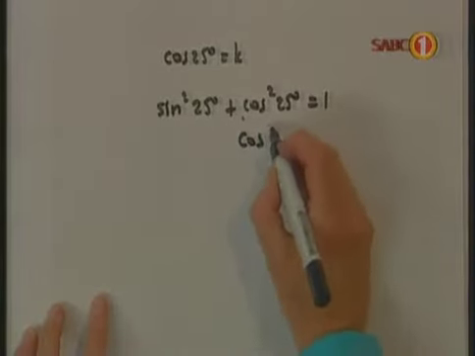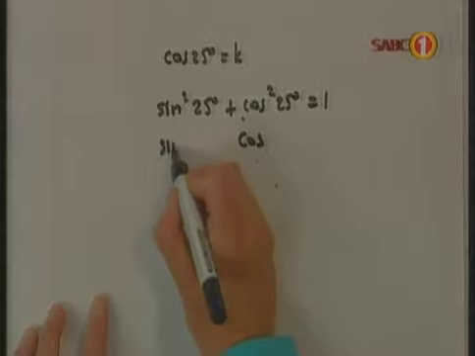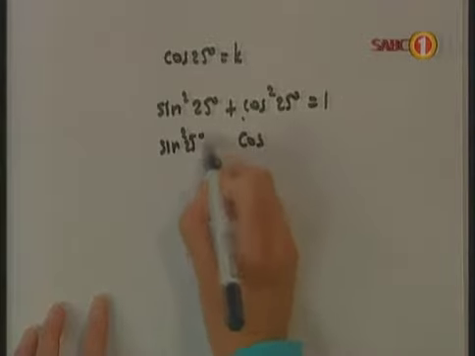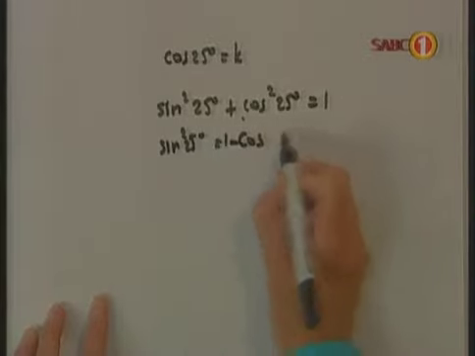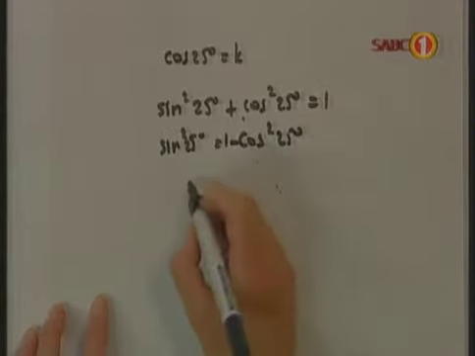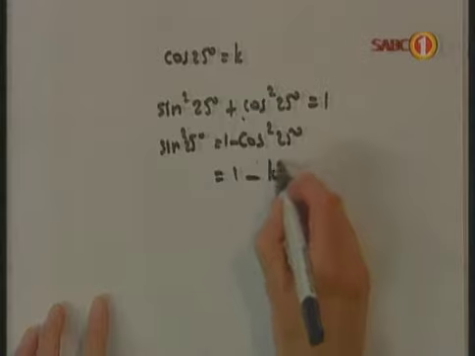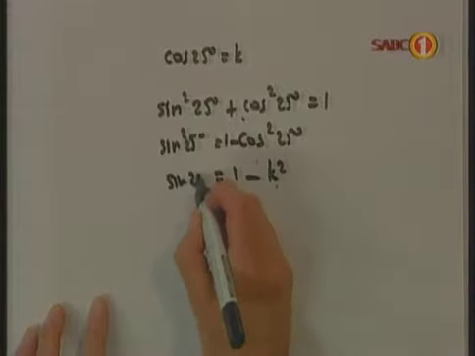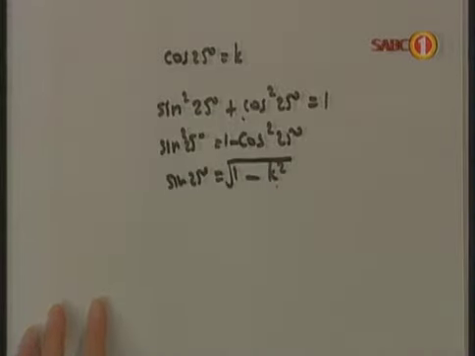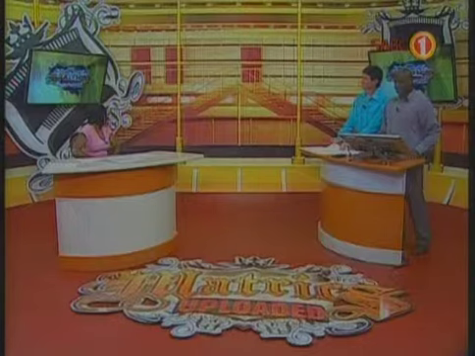So you can say sine squared 25 degrees is equal to 1 minus the cos squared of 25. Okay, and then you've got that as k, so it's 1 minus k squared. So sine 25, there we go. Another approach. It's easy stuff, eh, when you're looking at it.